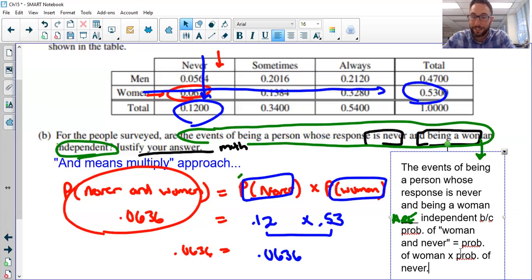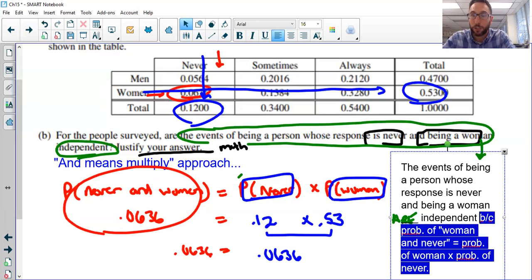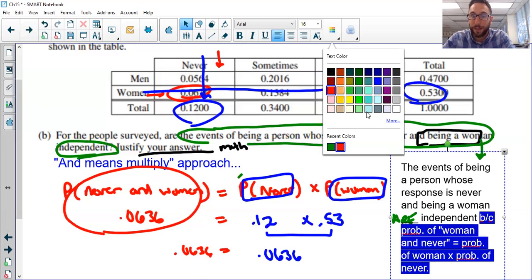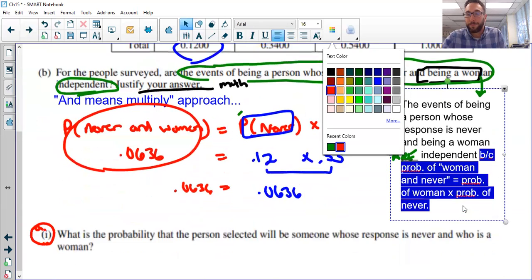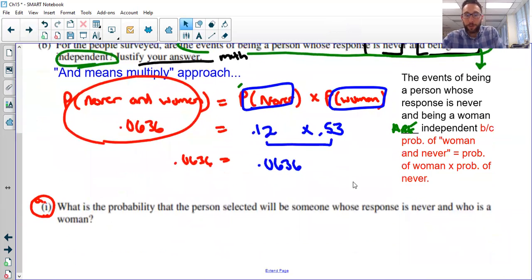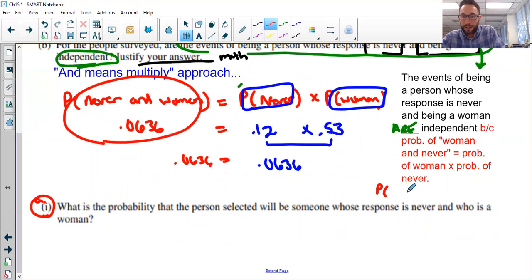Now that last sentence, I could have written in mathematical notation. I'm typing, so I didn't. But this last piece in red, I could have said, because the probability of never and woman equals the probability of never times the probability of woman.